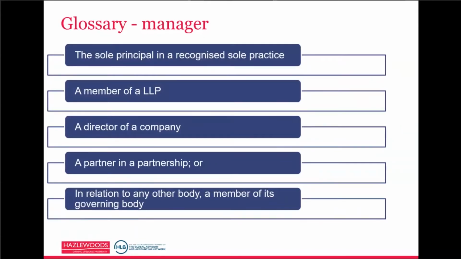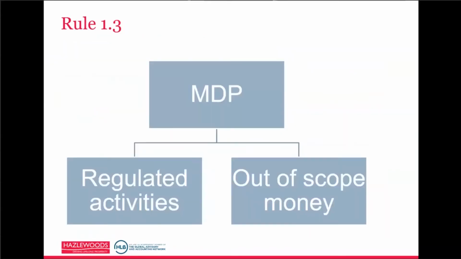These rules now formally recognise multidisciplinary practices. So Rule 1.3 says, in relation to a multidisciplinary practice, the rules apply only in respect of the regulated activities and do not apply to out-of-scope money.